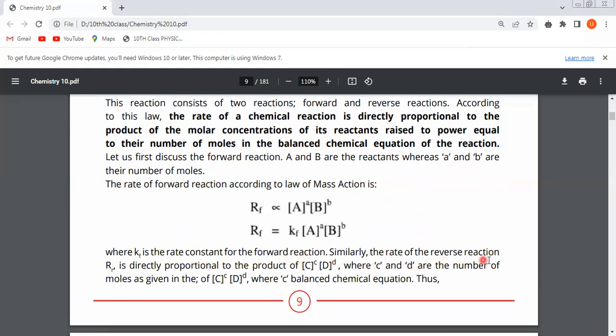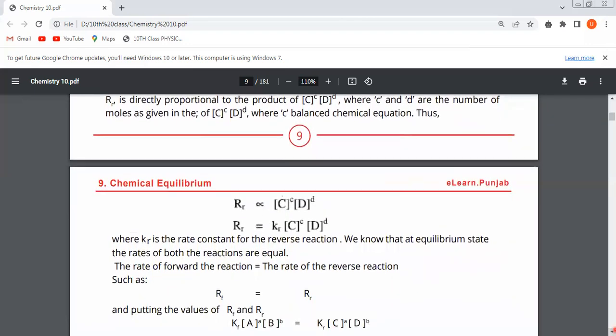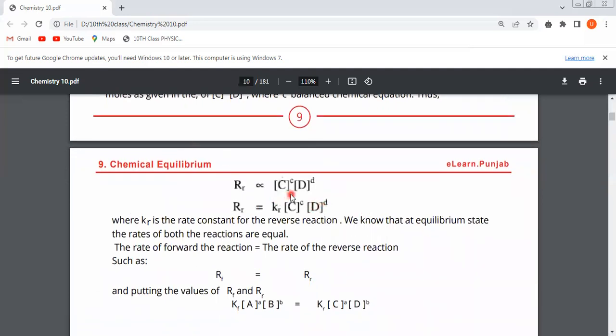Similarly, the rate of reverse reaction is directly proportional to the product of [C]^c [D]^d, where c and d are the number of moles given in the balanced chemical equation. Thus RR is equal to KR [C]^c [D]^d, where KR is the rate constant for the reverse reaction.